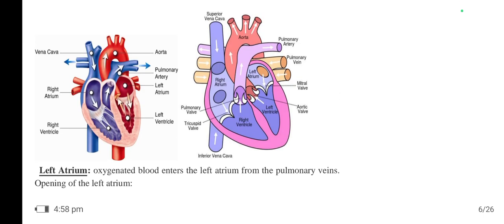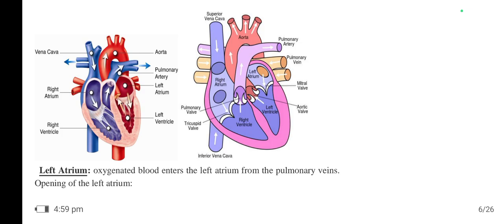So this is the pathway. The deoxygenated blood enters the right atrium via the superior vena cava and inferior vena cava, then passes to the right ventricle and through the pulmonary artery.